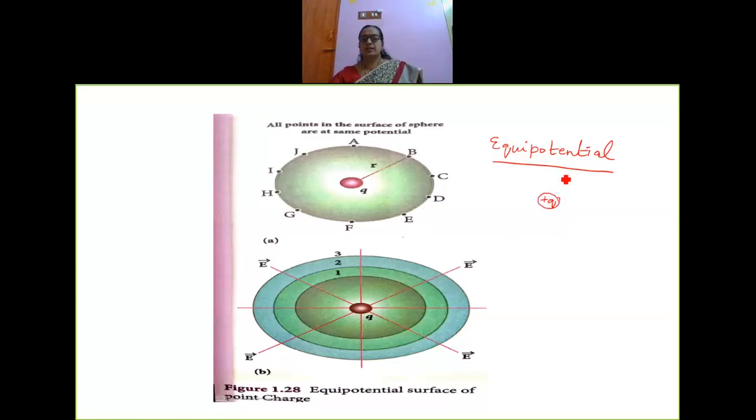Now if I draw it, all the points in this sphere are arranged like this, and the radius R will be the same. You imagine a sphere of radius R by keeping the charge at the center.